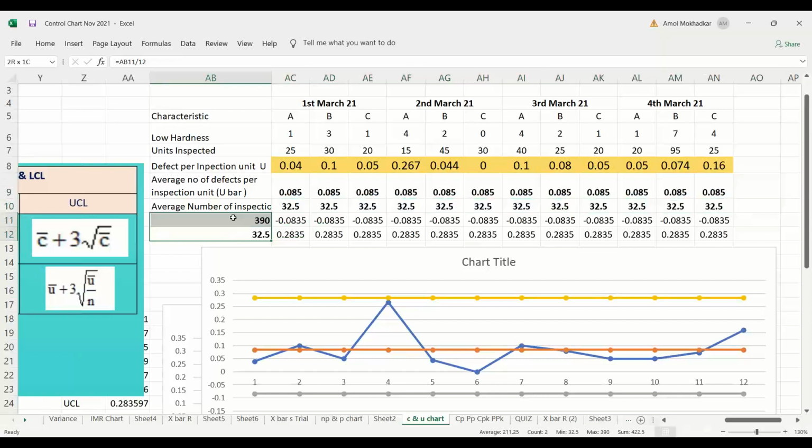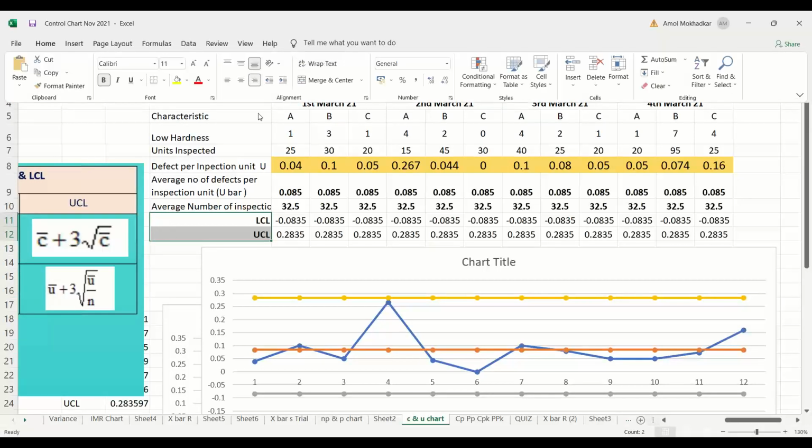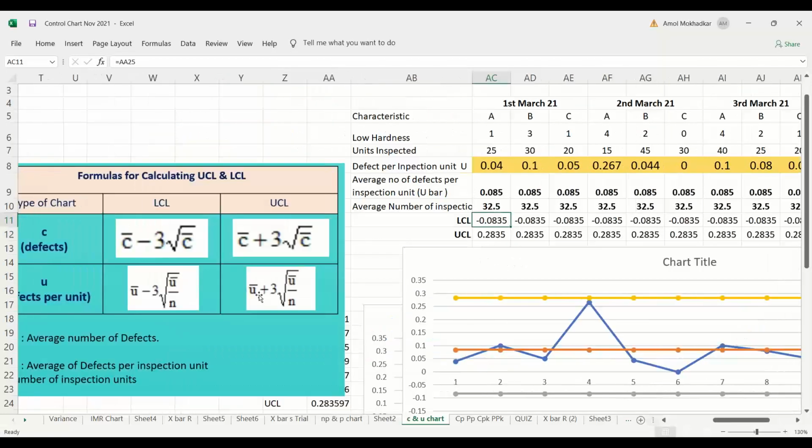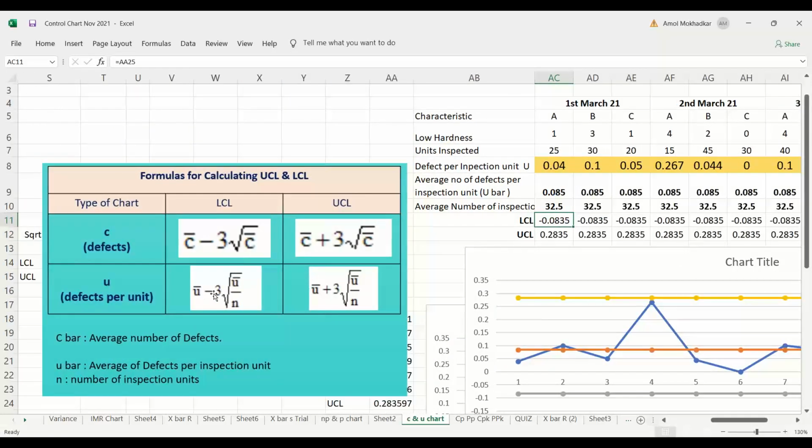Now you are going to calculate the LCL and UCL. The formulas are very simple. For the U chart, it is U bar minus 3 into square root of U bar upon n. So you take U bar.